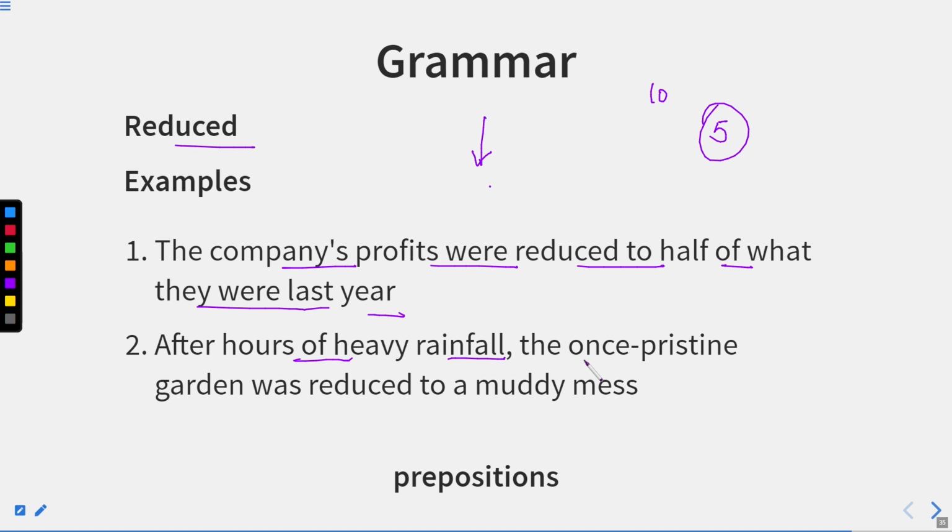After hours of heavy rainfall, the once pristine garden was reduced to a muddy mess. Pristine means fresh, which was glowing, or in which we could see many flowers. So it was reduced to, it means it was just converted into the less important thing, that is a muddy mass. Now let us move to the next one.